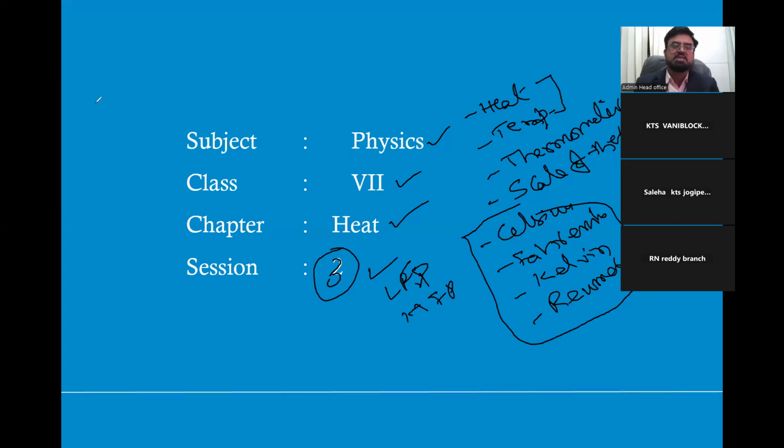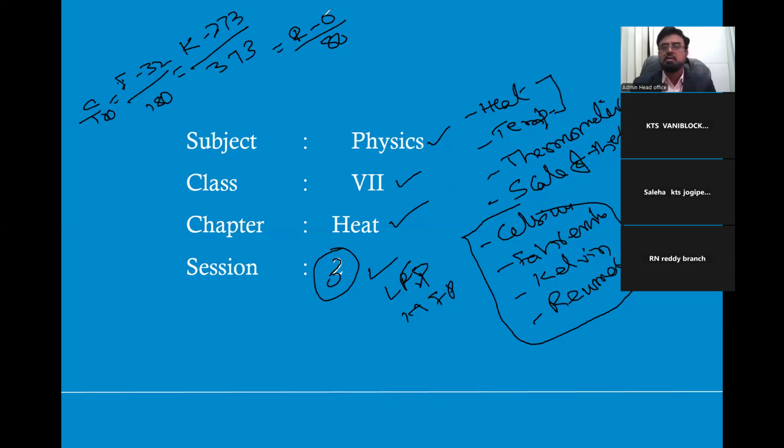The relation between all the scales of thermometer is C by 100 is equal to F minus 32 by 180 is equal to K minus 273 by 373 is equal to R minus 0 by 80. This is the relation among all the 4 scales, and I told you some examples also. We can convert one scale of temperature into another scale.